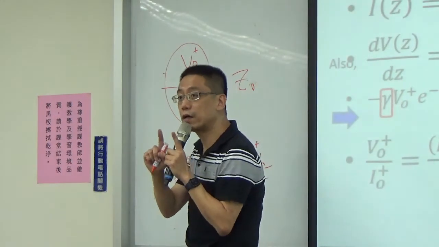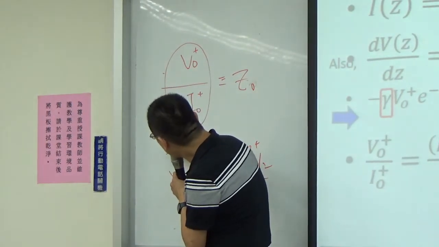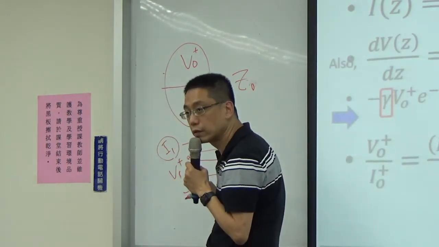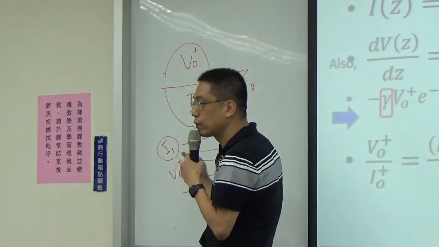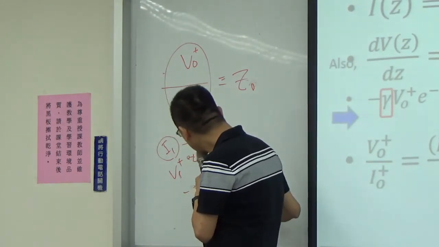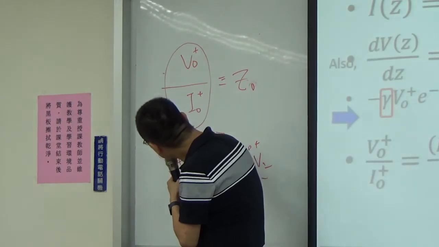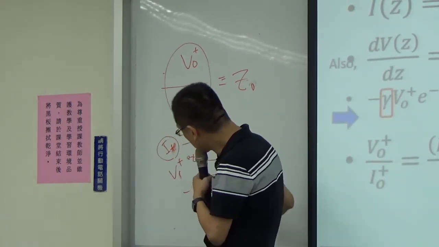But for the current, it's different. If the forward current is going in this direction, the reverse current is going in this direction.